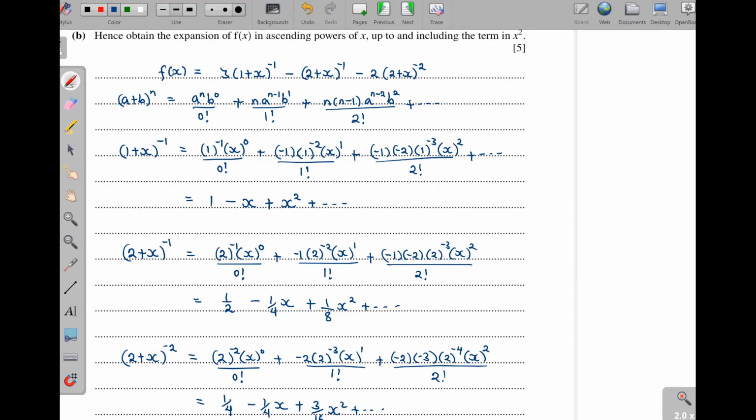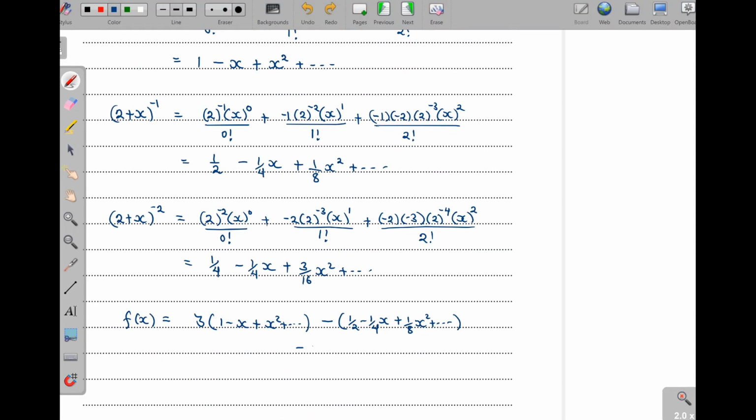It's a minus, there is a minus 2 here, so minus 2, then times this one here, which is a quarter, then minus a quarter of x, then plus the 3 over 16 of x squared. You see that?